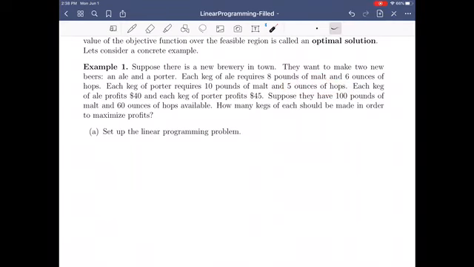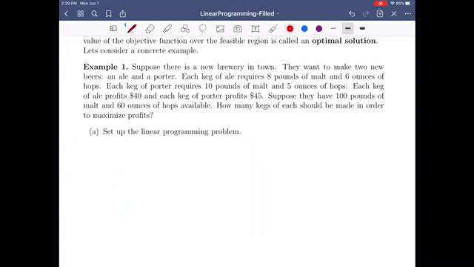A keg of ale profits $40, whereas a keg of porter profits $45. They have restrictions on the amount of malt and hops they have for the week: 100 pounds of malt and 60 ounces of hops available. They want to know how many kegs of each they should make in order to maximize their profits.